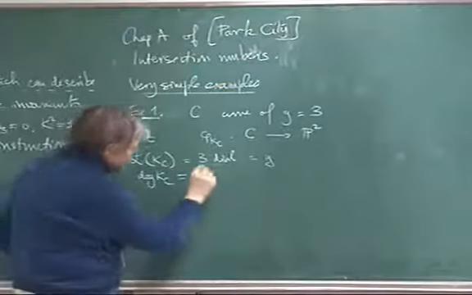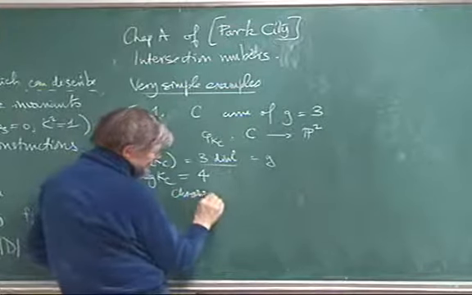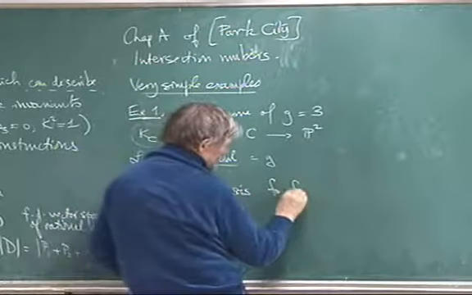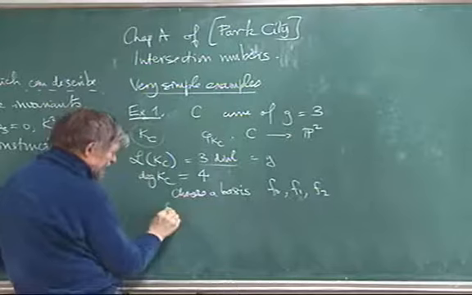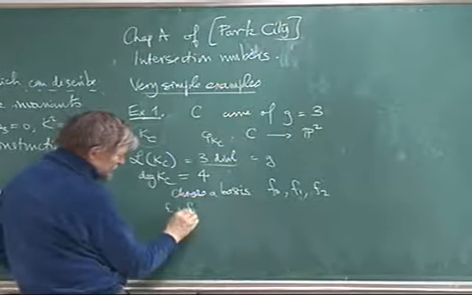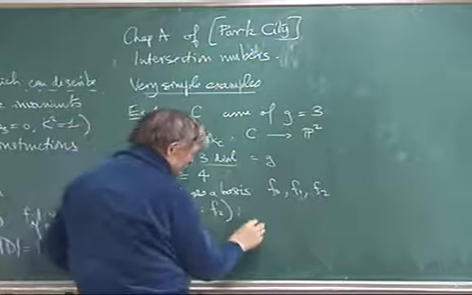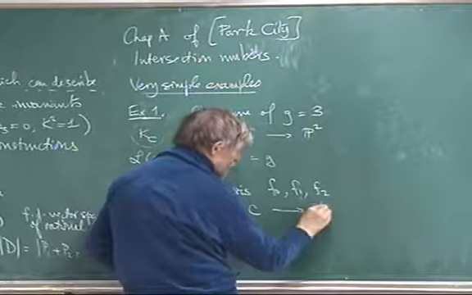Three-dimensional means if I choose a basis, call it F0, F1, F2, then I use the ratio F0, F1, F2 as a way of mapping C into P2.